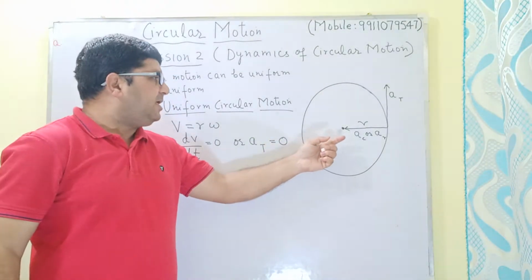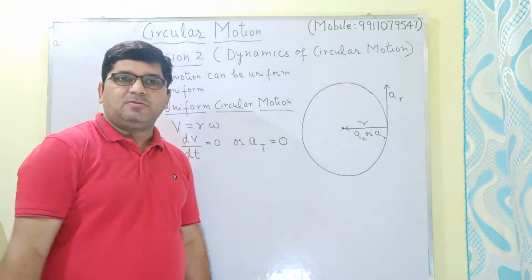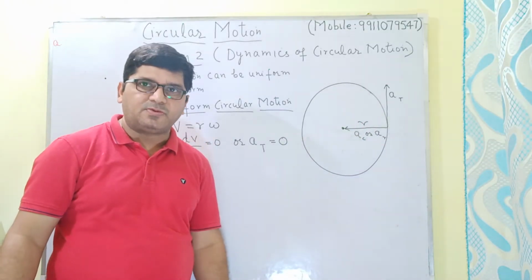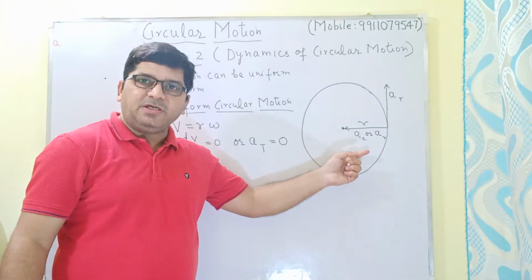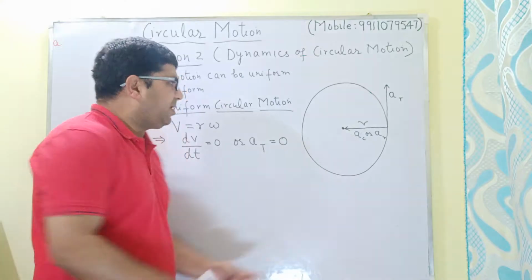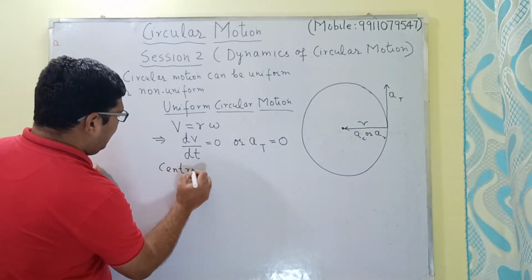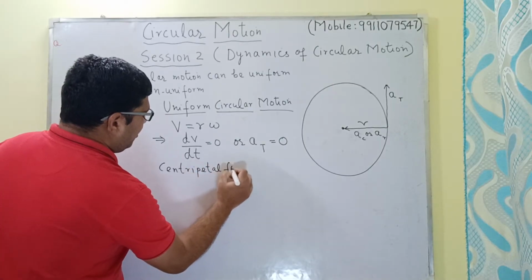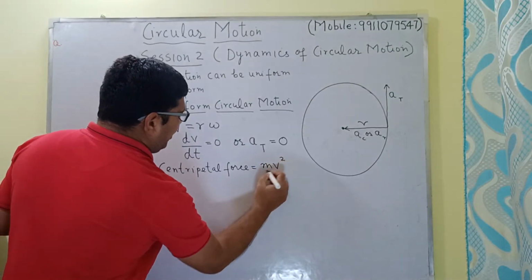I also told you that a body moves in a circular motion if the centripetal force is equal to the centrifugal force. Now this centripetal force is given by m v square by r.